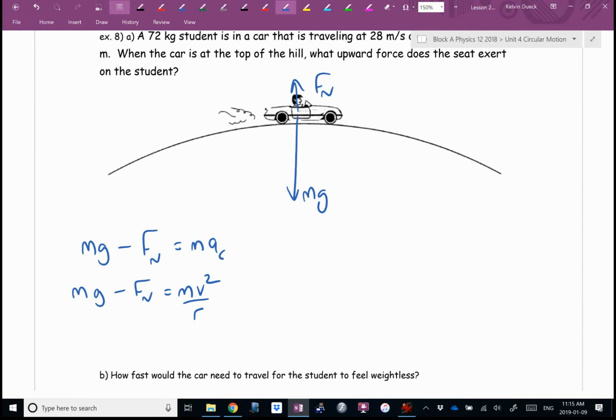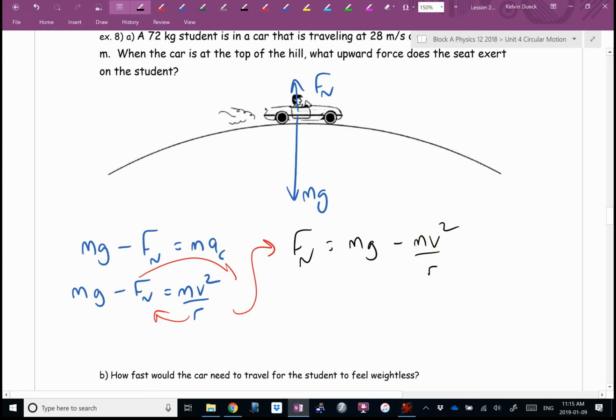Oh, swappy dance, right? We can plus this to there and minus this to there. A little bit different from the other equation that we had, but close. So we'll end up with the normal force equaling mg minus mv squared over r.